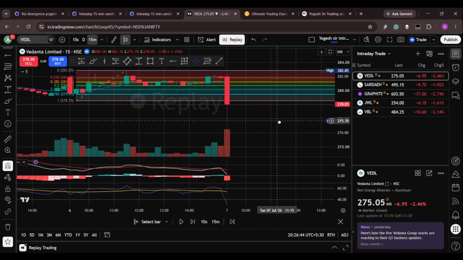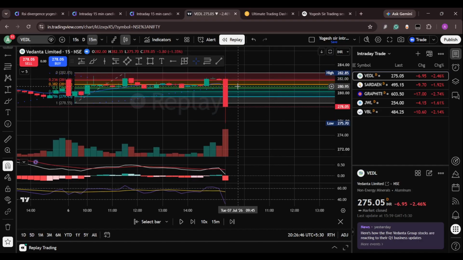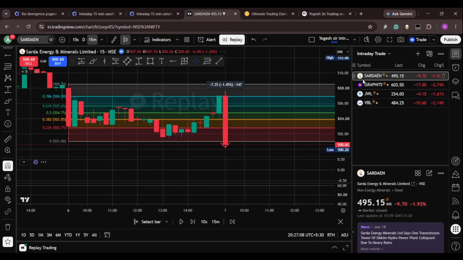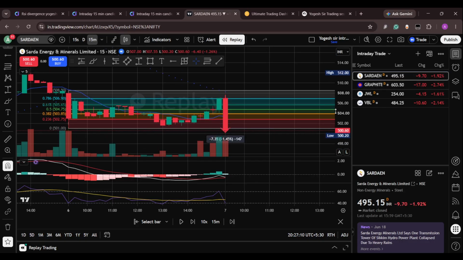But again, the reason I will not select this specific candle is because the candle high and the candle low is equal to the previous day high and previous day low. It's almost as high as the previous day high and it's gone way below the previous day low. So I will ignore this candle. Let's check this one. This is the same case.